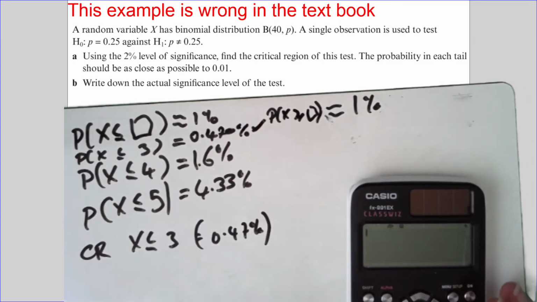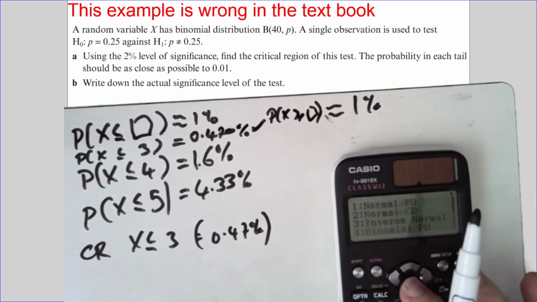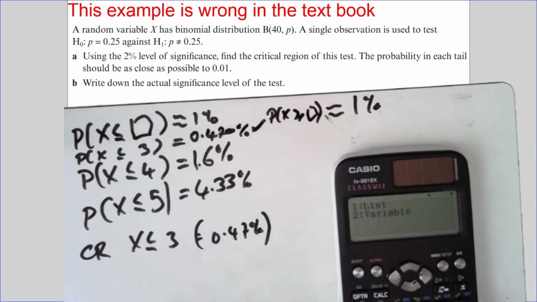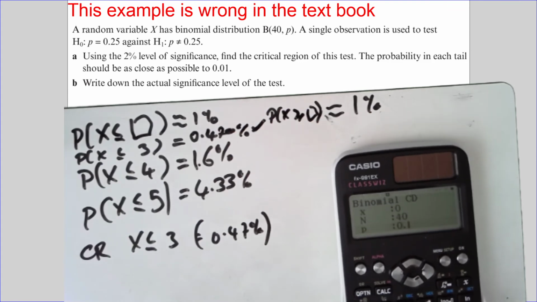If we did menu, distribution, binomial CD, variable, I'm going to put in my 40 and my 0.25. We're going to key in some numbers here, and we're looking for about 0.99.